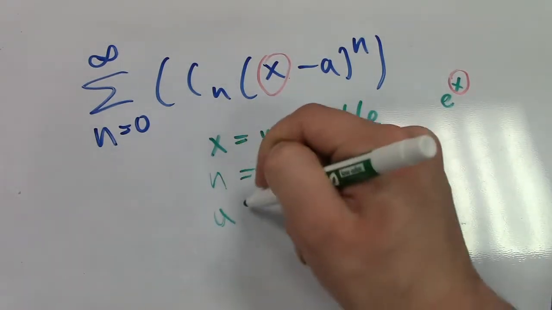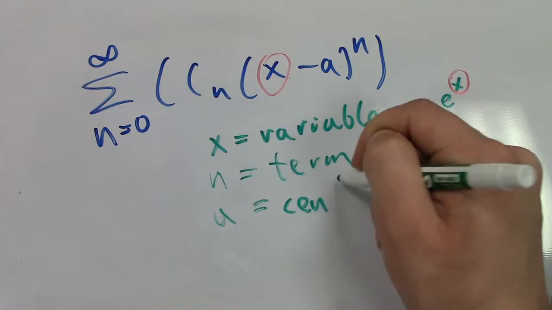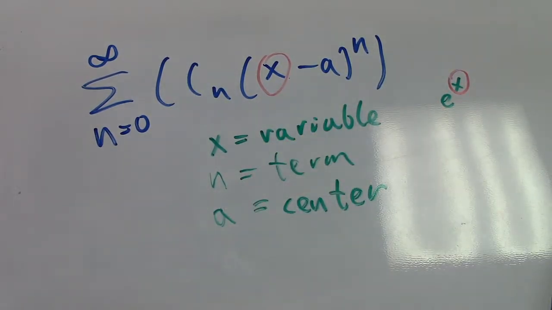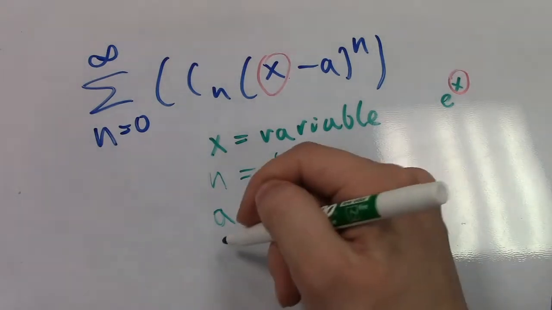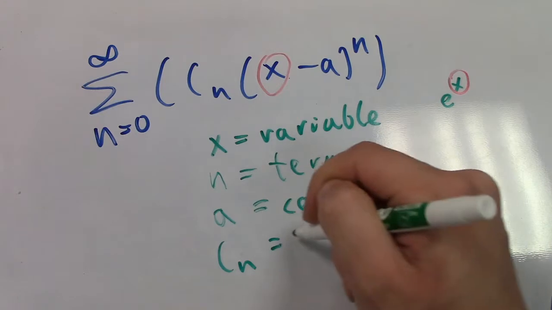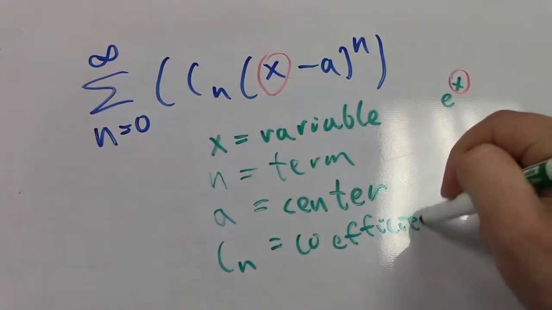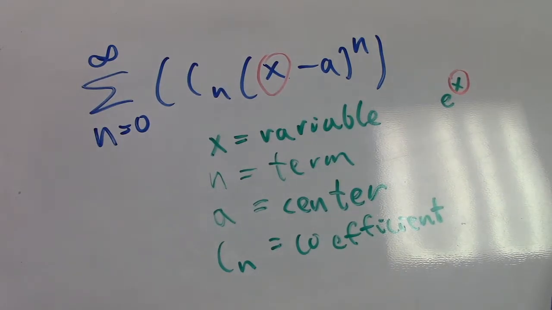Now we have a, which is the center. And this will become more relevant when I talk about the convergence of power series. And finally, we have c sub n, which is the coefficient. Now, the coefficient is constant for each term, but can change term to term.